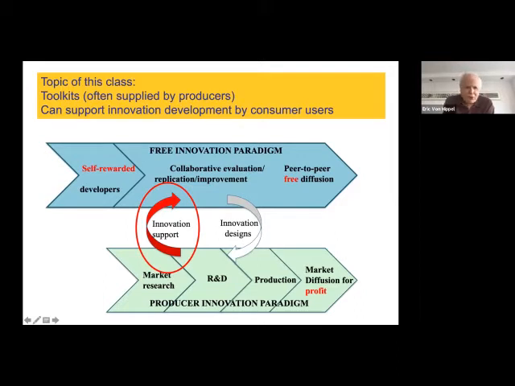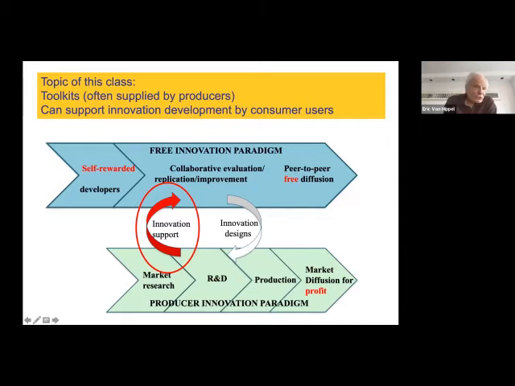And we ought to support it in a way, says a company, because that's what companies do, that somehow makes it attractive to people to work on the problems and the products that we care about. So what you'll see there is a form of innovation support called innovation toolkits, where basically what the company does is give people sets of tools that they can use to create products based upon the manufacturer's products or something else.